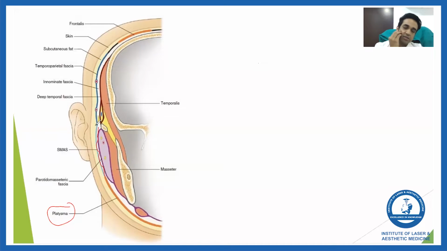And here it is called parotidomasseteric fascia. Again, do not confuse this with the SMAS layer. Why? SMAS layer is over the muscles of expression. Platysma is not a muscle of expression, right? It is an accessory muscle.